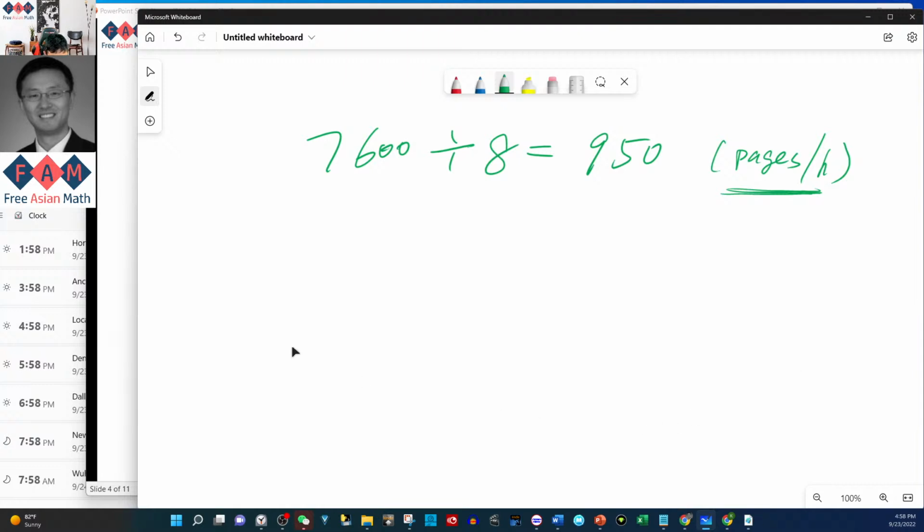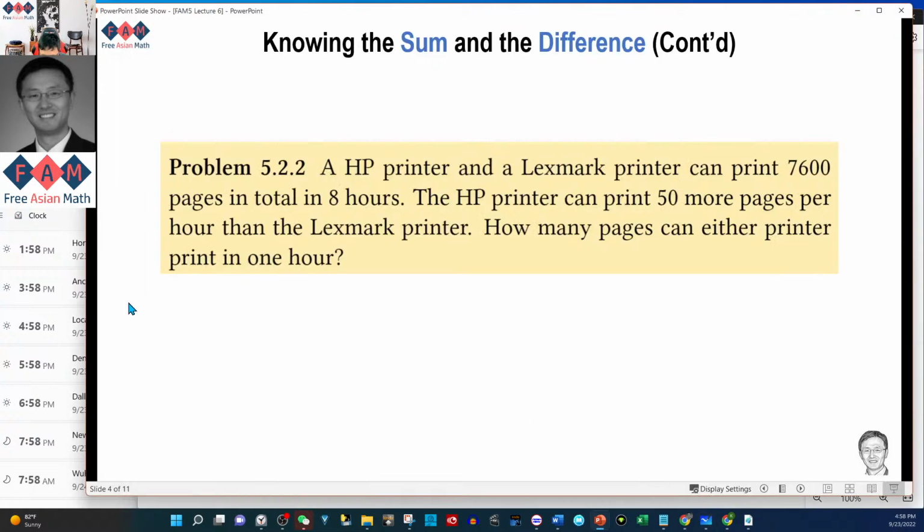So this is the total of the quantities that we want to figure out. We need to figure out how many pages either printer can print, and now this quantity is just the sum of those two quantities we are interested in. And then take a look at the second statement. The HP printer can print 50 more pages per hour than the Lexmark.